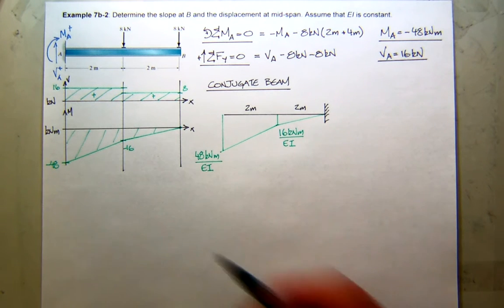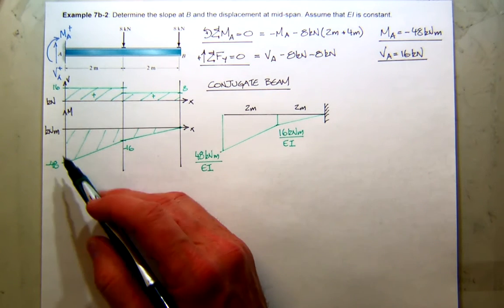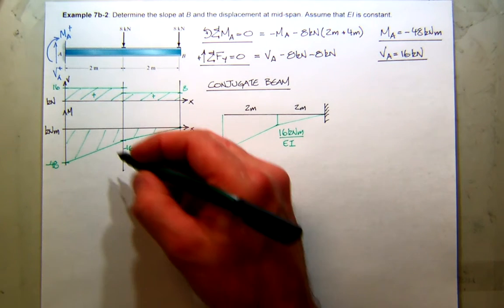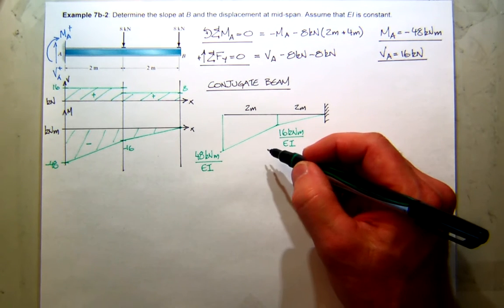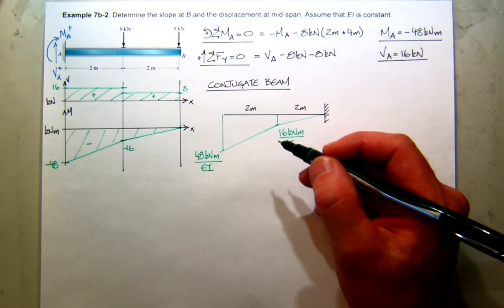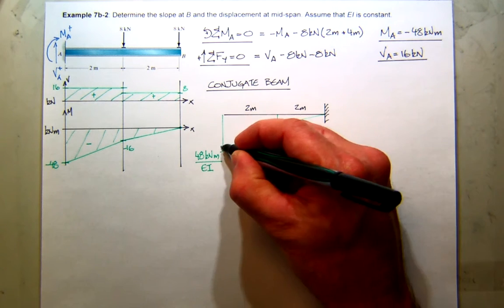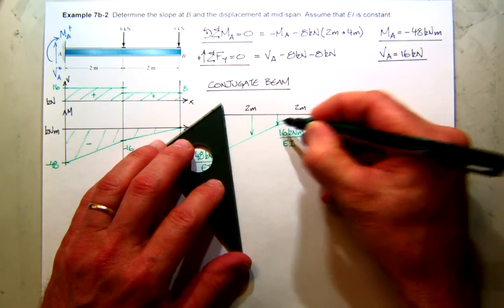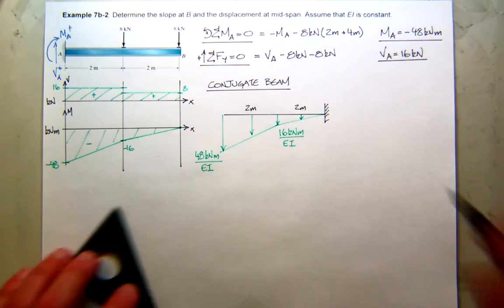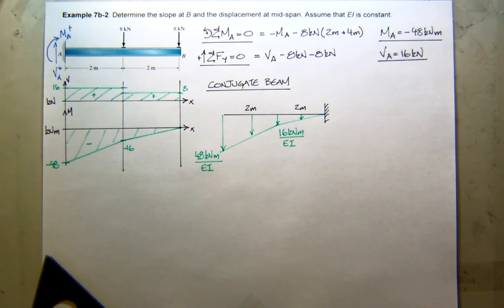Now, this moment is what? Positive or negative? Negative. It's all negative, right? So when we apply it as a load, it's a negative load. Negative load is up or down? Down. So there's our conjugate beam.